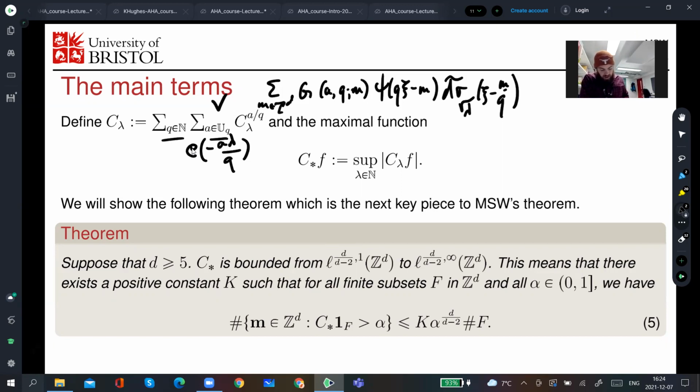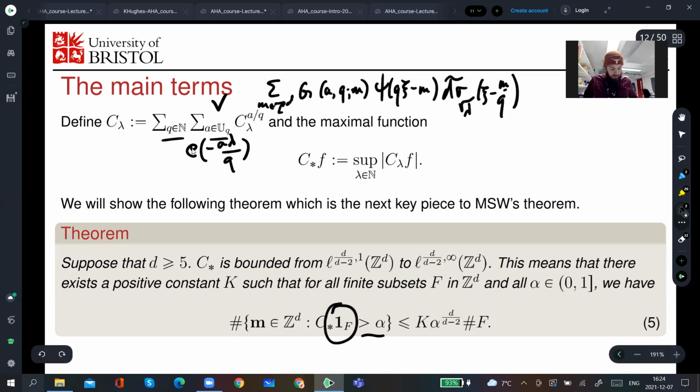And in a practical manner, what does it mean? Well, if I count all the integer points in Z^d such that the maximal function, when I apply it to the characteristic function of a finite subset F inside of Z^d, is bigger than alpha, the number of such points is bounded by some constant times an appropriate power of alpha times the number of points in that finite subset I started with.